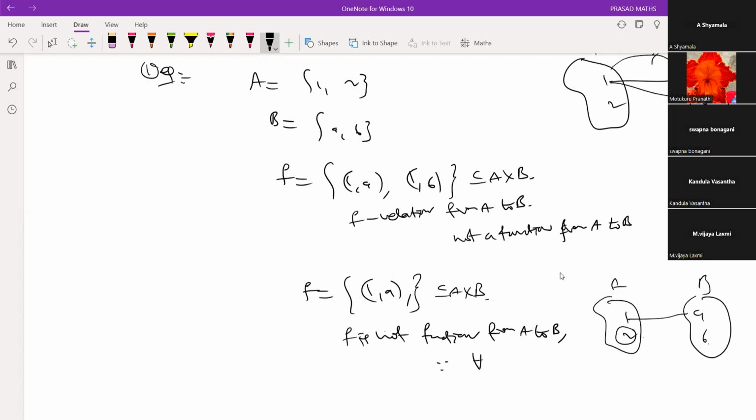Because 2 is not related to any element of B.